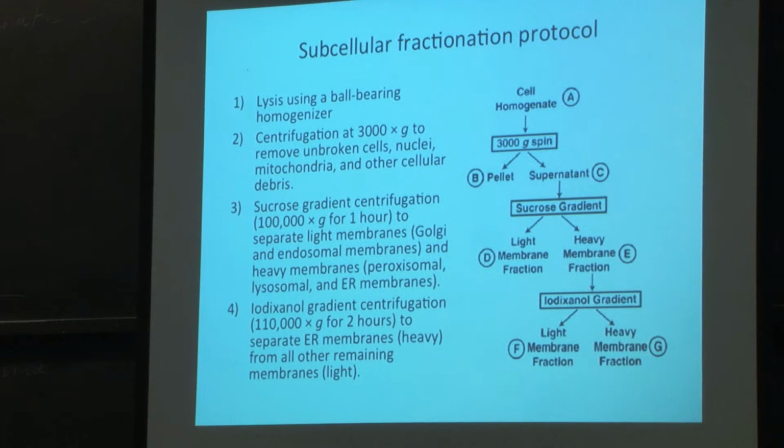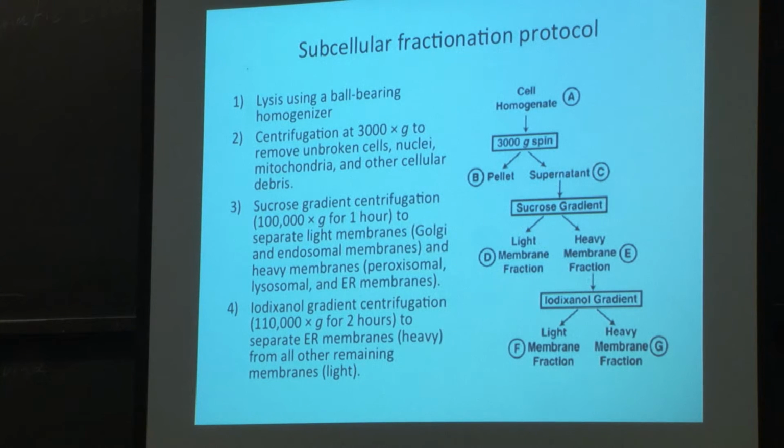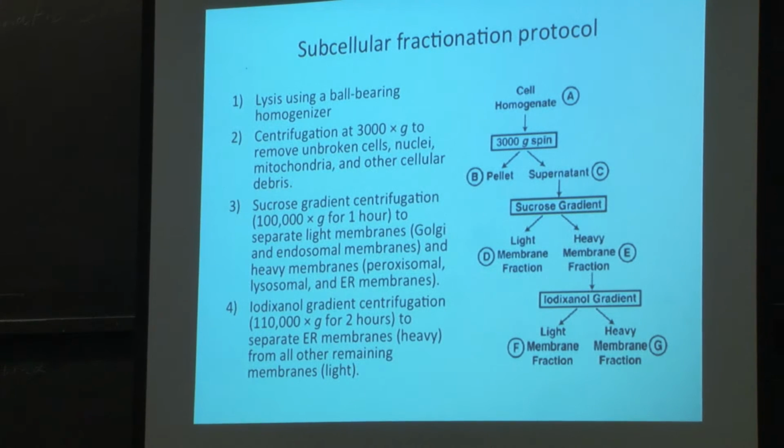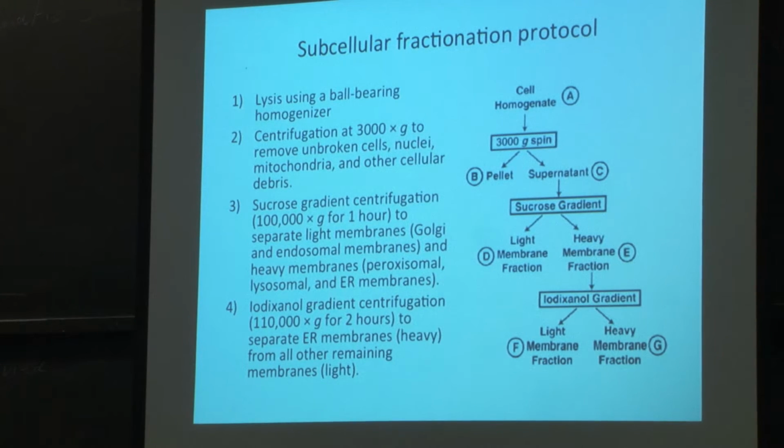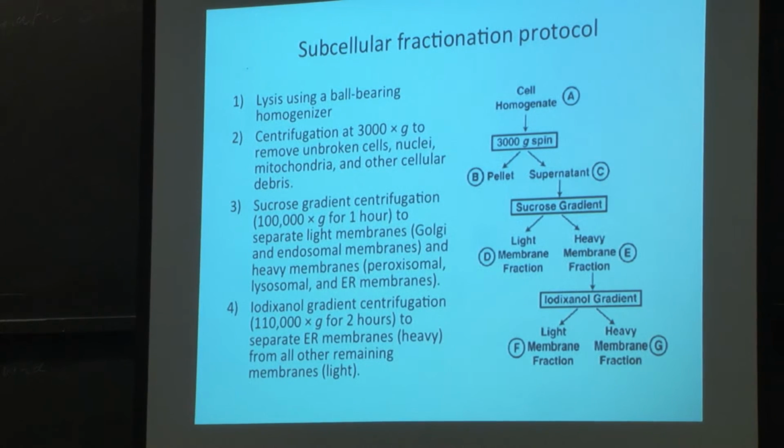What was the method that they used to determine whether they separated the ER from the plasma membrane, from the Golgi stacks, from the lysosomes, from the peroxisomes? We have all these little organelles in there. What did they do to test each one of these fractions?